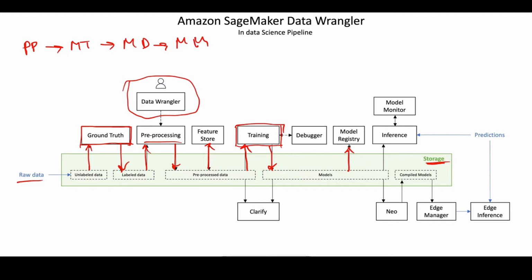Those models can also be checked into the model registry. And finally, inference is done by pulling in the models from that same storage layer. So you can see how the entire SageMaker data science workflow is centered around the storage layer. The storage layer is called S3, Simple Storage Service, and we will be relying on it quite a bit. You'll see it referenced in Data Wrangler, as well as in all the other features and functions of SageMaker that we will be touching.